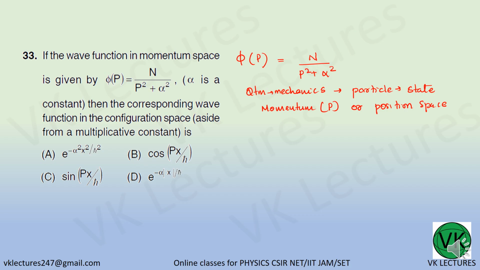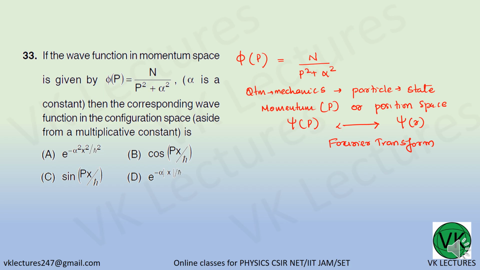So here in momentum space we write psi of p, and in position space we write psi of r. So this is how we describe a particle in quantum mechanics. Now these two are connected by a transform called Fourier transform. You can move from one space to another using this transformation.